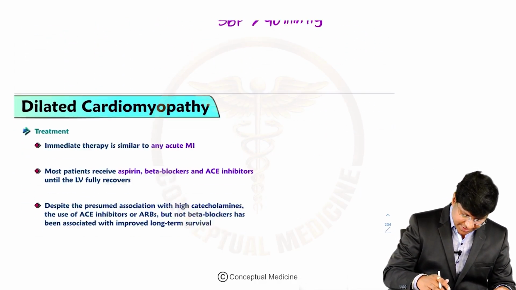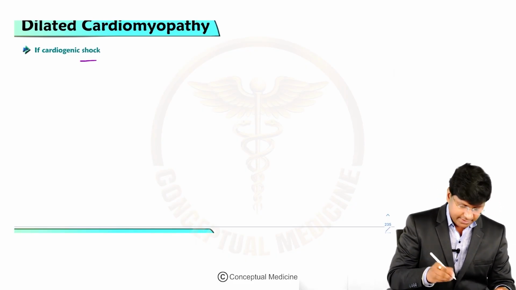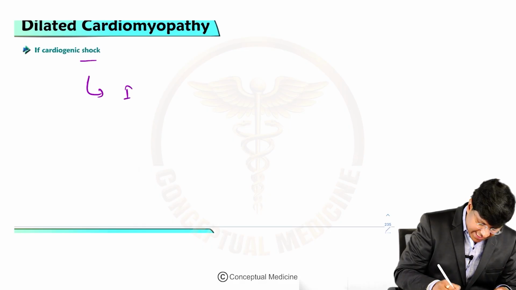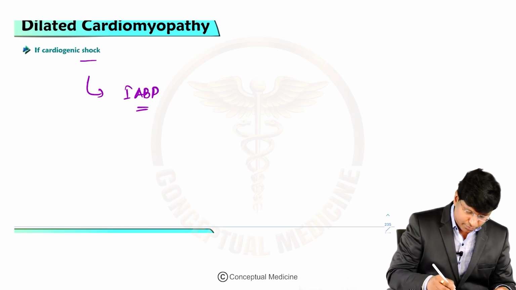But if the individual is in a state of cardiogenic shock, then you have to put the patient on IABP, that is intra-aortic balloon pump. Now, what does the intra-aortic balloon pump do?